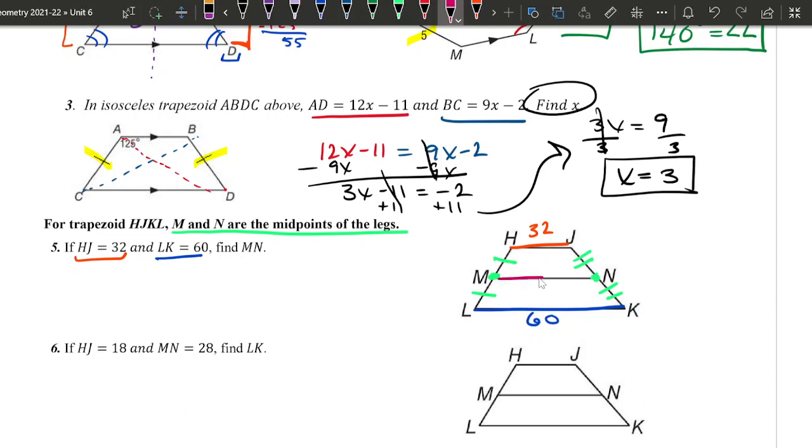All right, so I know MN is right here, but I don't know what that length is, so I'm going to make it an X. And this is where the mid-segment or median formula comes into play. The mid-segment equals 1/2 of B1 plus B2.